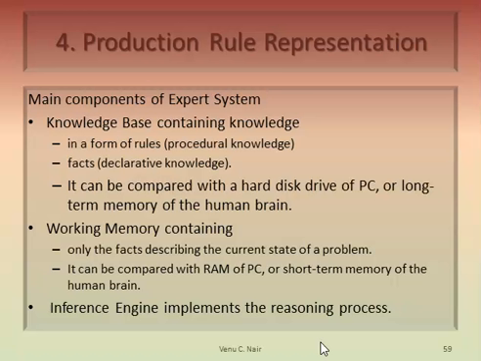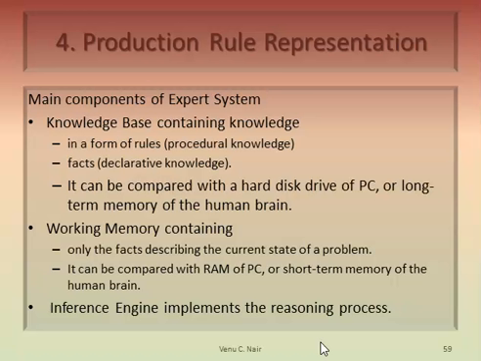Then the second component is the working memory, which contains only the facts describing the current state of a program. As time proceeds, we will be having different states for a program. From the initial state onwards, on applying some rules, the states will be changing based on the actions performed, and the working memory contains the current state of a program.